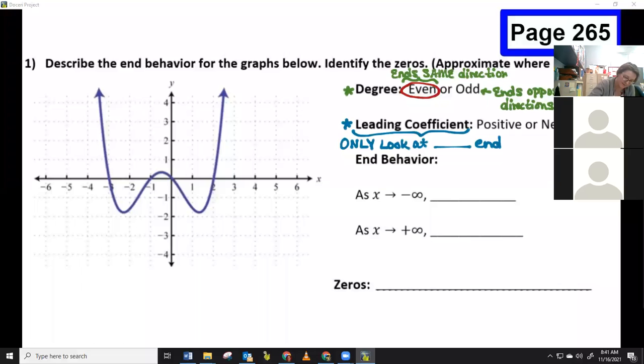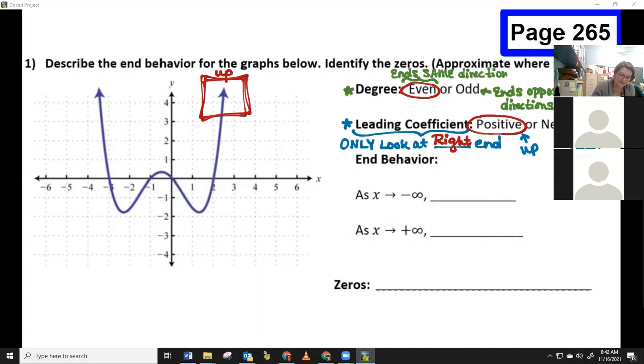The right. Always and forever. So I'm going to look at the right end right here. It's going which way? Up, so it's a positive leading coefficient. Beautiful.